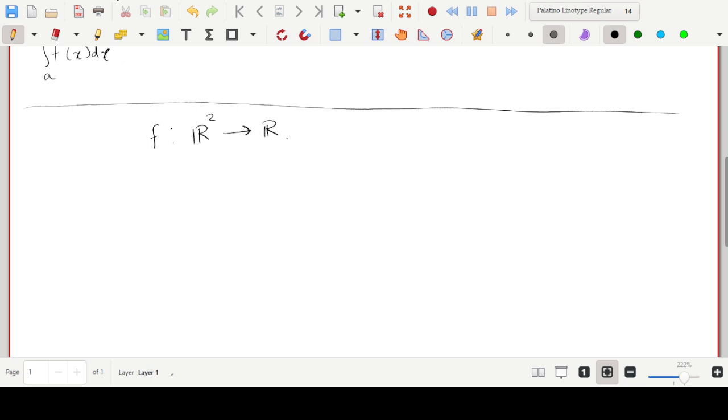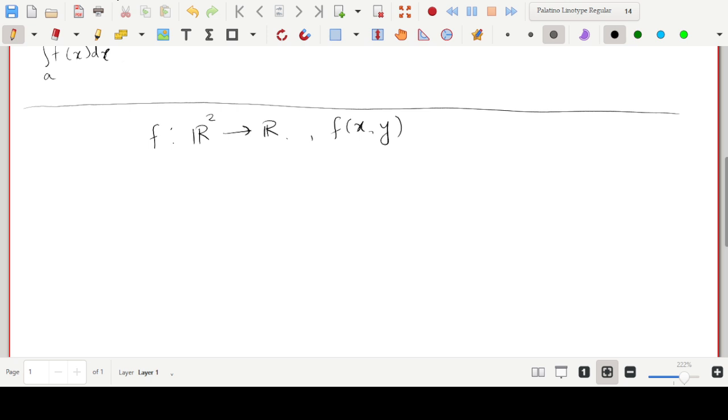But continuity is quite a relaxed condition, so we may safely say that the majority of the functions that we come across while studying mathematics are integrable. So now let us move on to these functions of two variables. Here we shall look at functions that look like f of x, y.